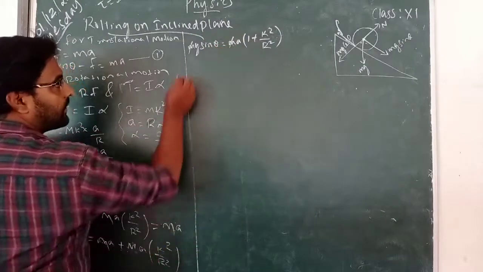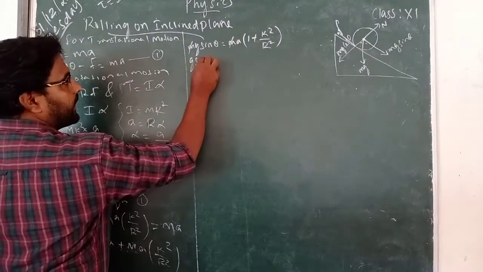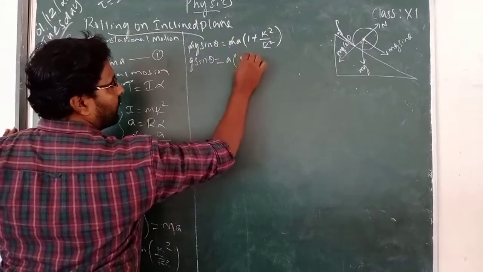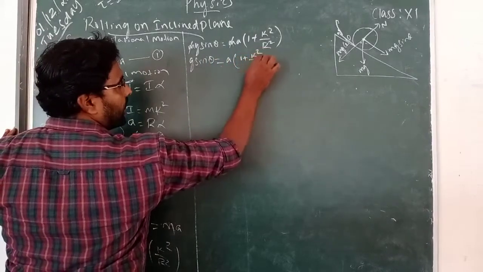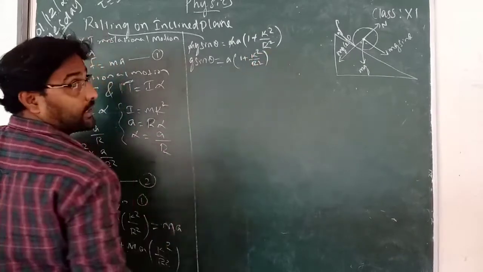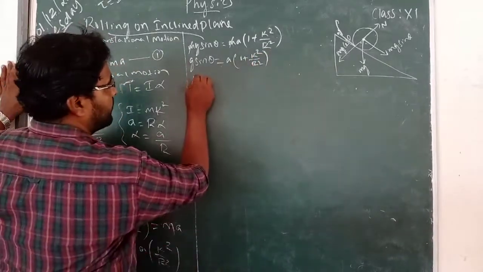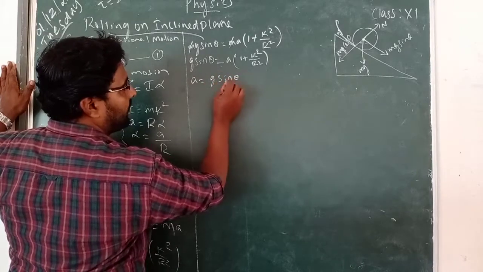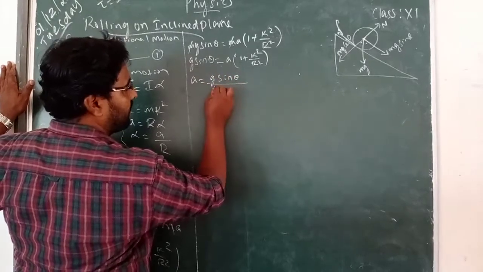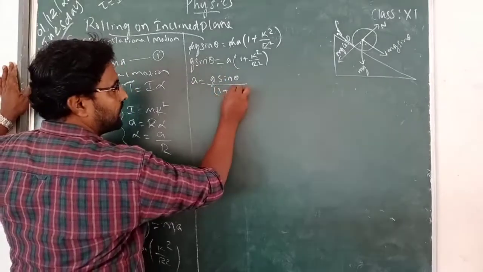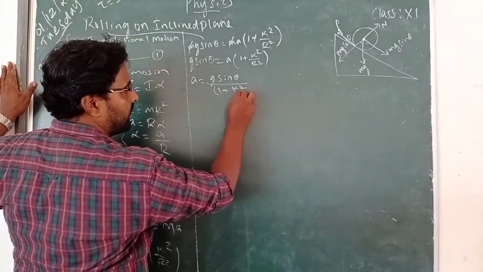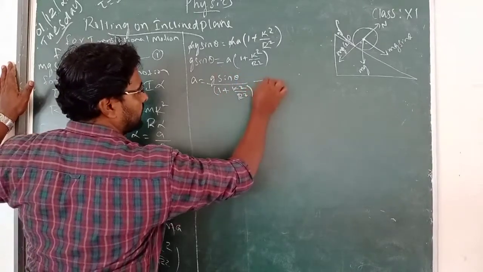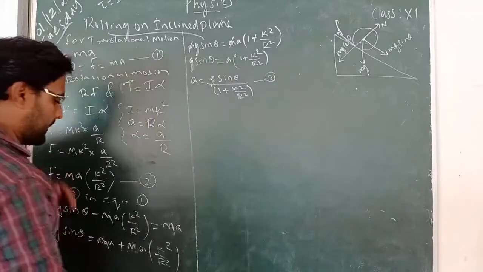M cancels. g sin theta is equal to a into (1 plus k square by r square). From this you can find the acceleration: a is equal to g sin theta by (1 plus k square by r square). Keep this as equation 3.